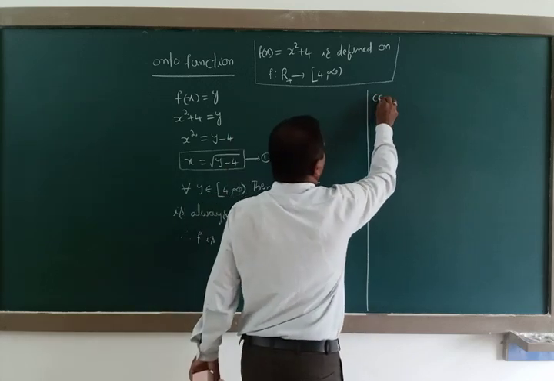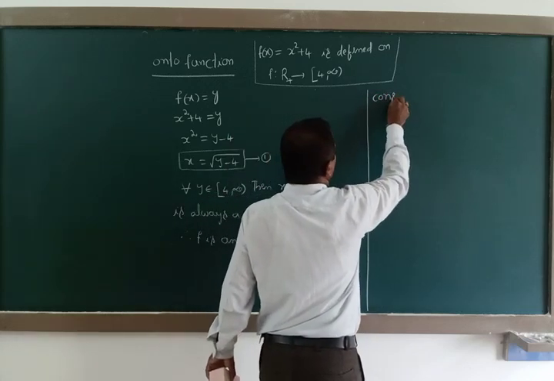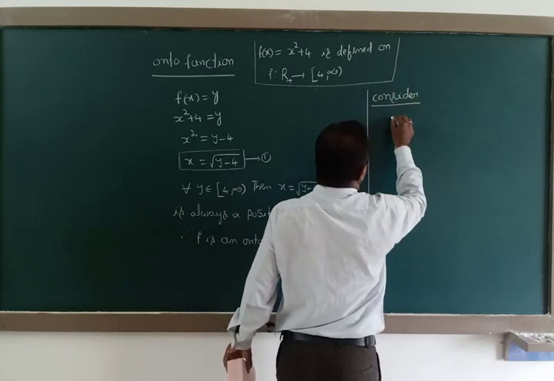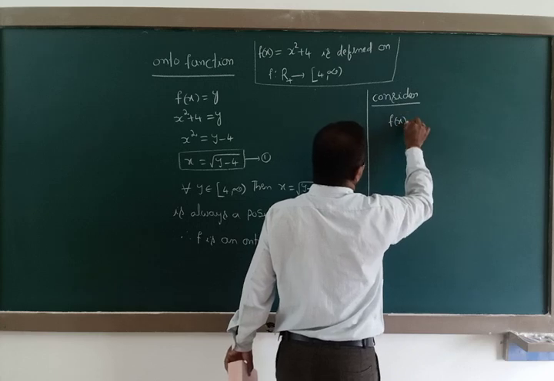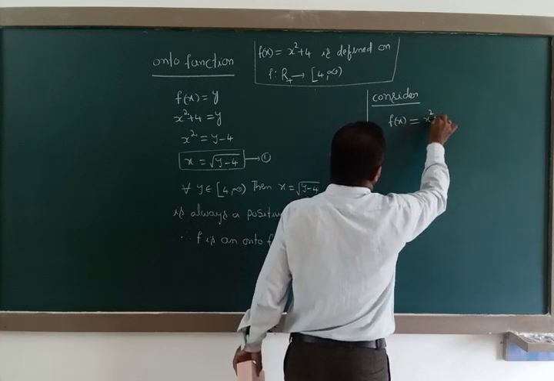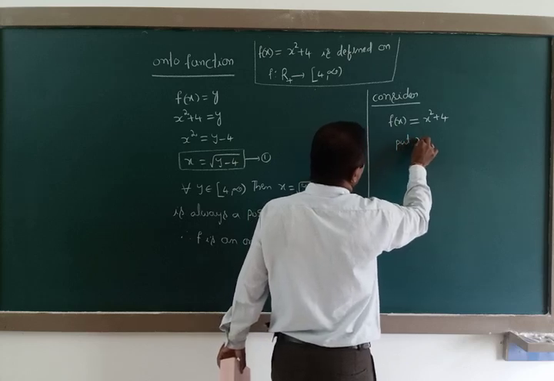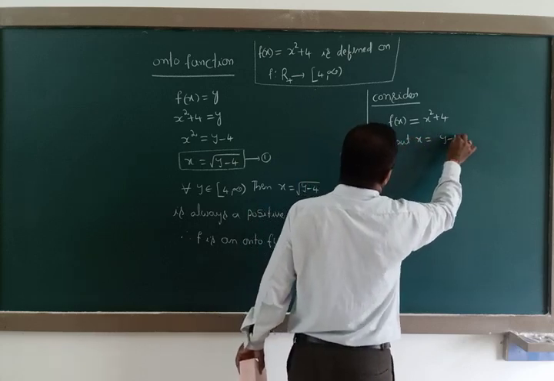Consider f of x is equal to x square plus 4 here. In this case, put x is equal to square root of y minus 4.